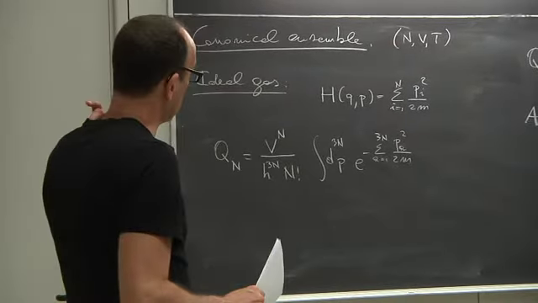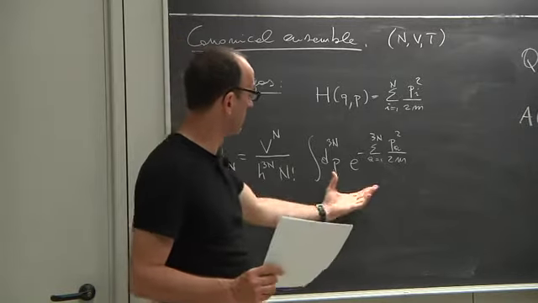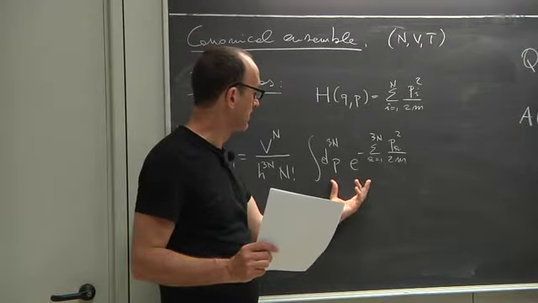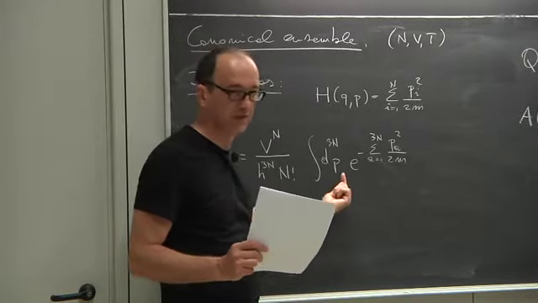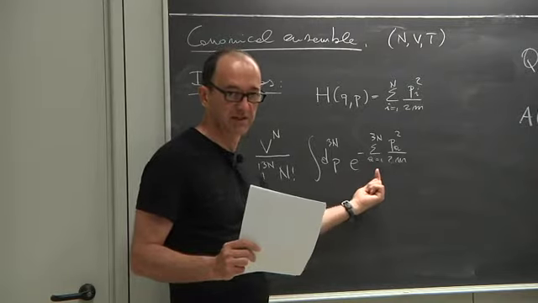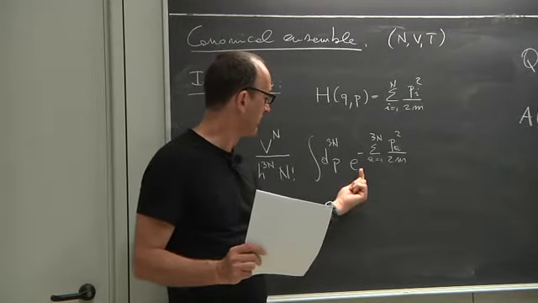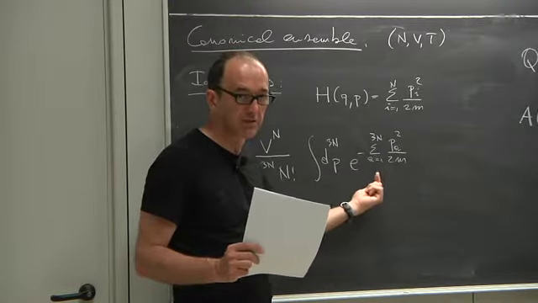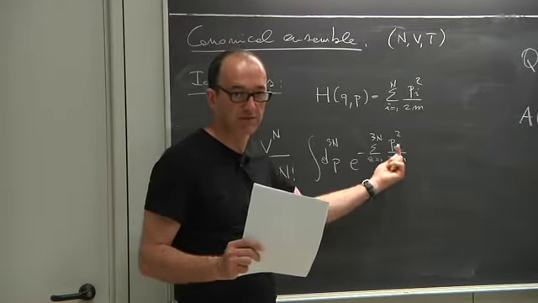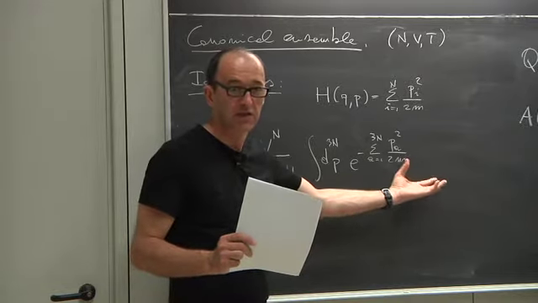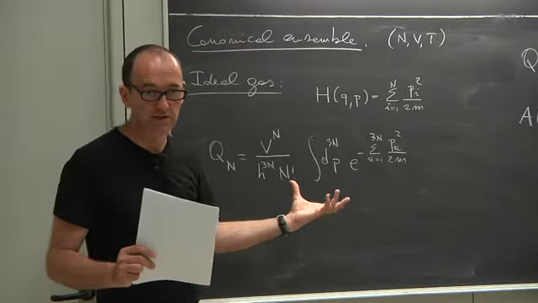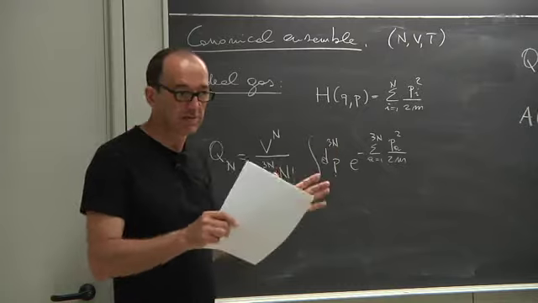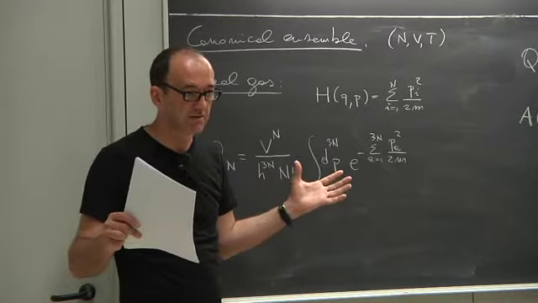Okay. Now you see this integral is dp1, dp2, dp3, etc., dp_{3N} of something which I can write as e to the minus p1 squared over 2mkT times e to the minus p2 squared over 2mkT, etc. So I can rearrange all of this as the same integral N times.